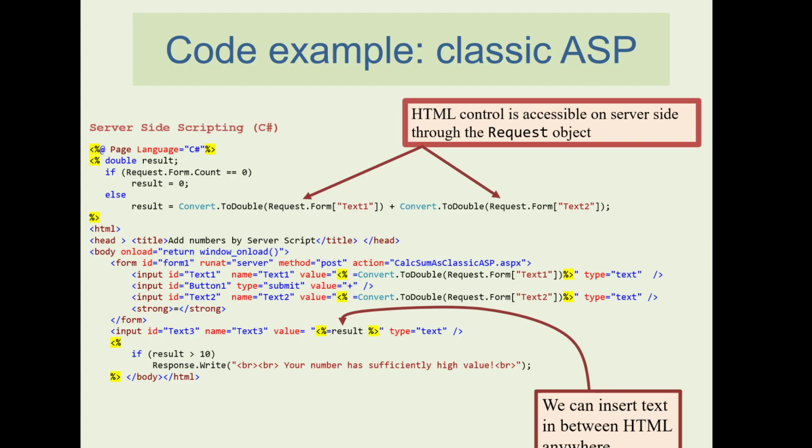If we look closer at the request object, we can see that there is a reference to the form part of the request object, which actually is something like an array of things. Then we have a reference to two different form objects whose names are text1 and text2.